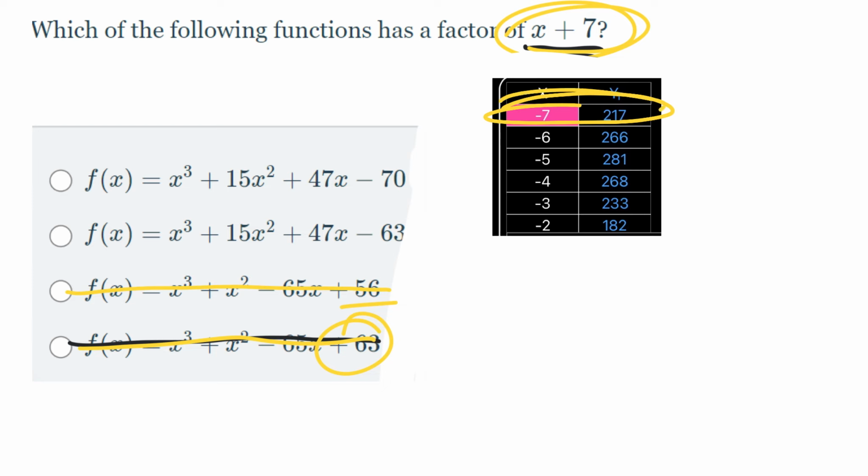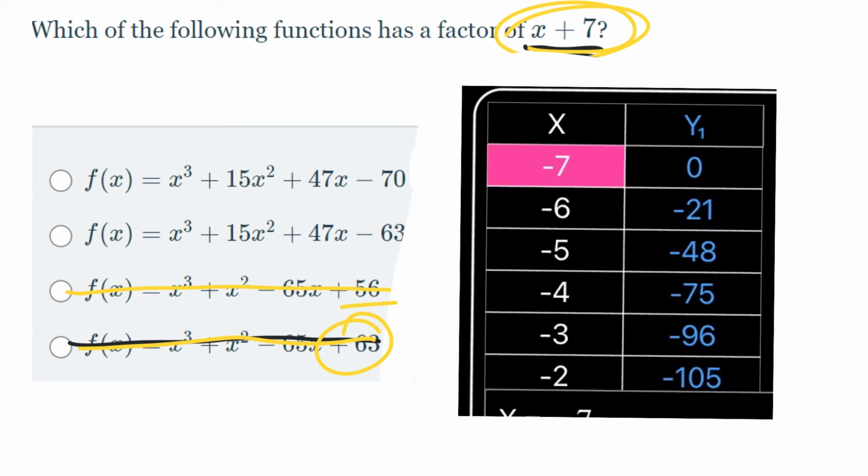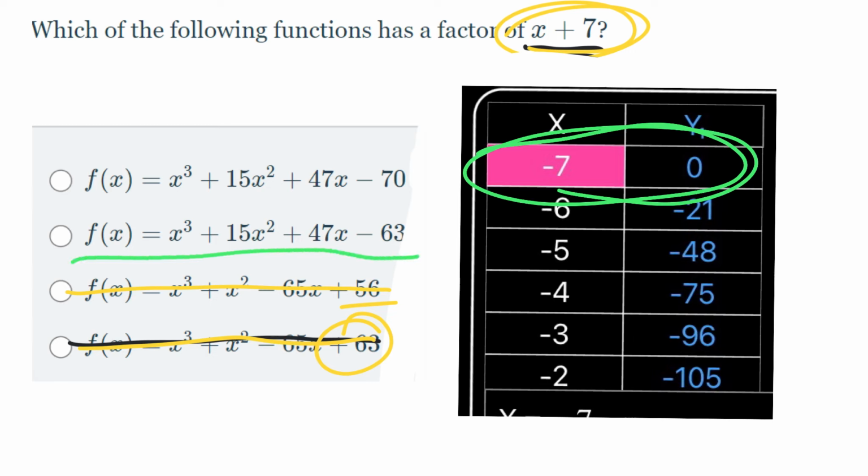I don't have to keep changing my screen because negative 7 is the only one I'm looking at. So let's check answer B. So as we look at our table for the equation involving B, it does have a 0 for y at the negative 7, which means x plus 7 is a factor to this equation.